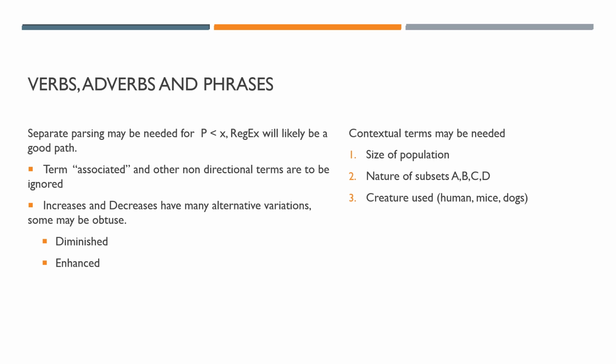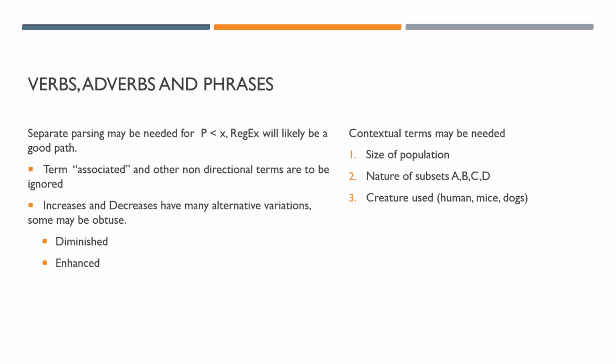Verbs, adverbs, phrases, and all the glorious parts of the English language are needed to understand your sentence. Sometimes you may need to do a separate parsing. For example, if you're trying to identify if it has a probability associated with it, regex can often be good to apply to a sentence to see if a probability is there, and deal with it that way.